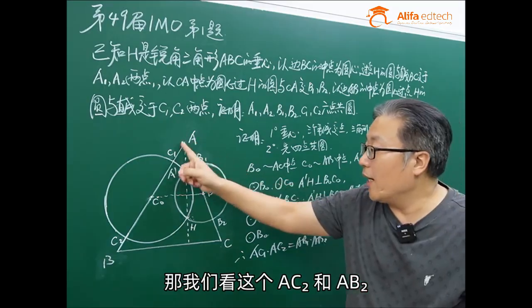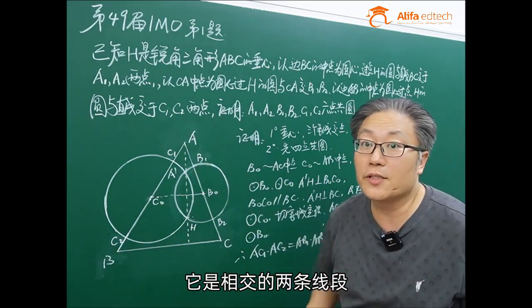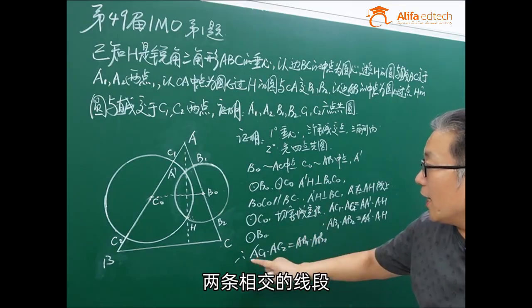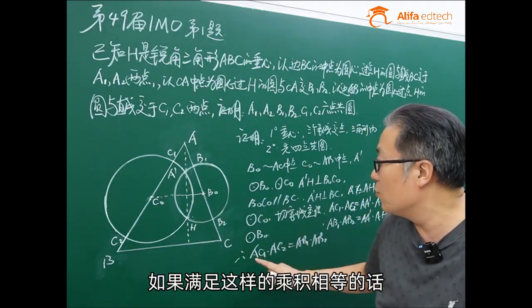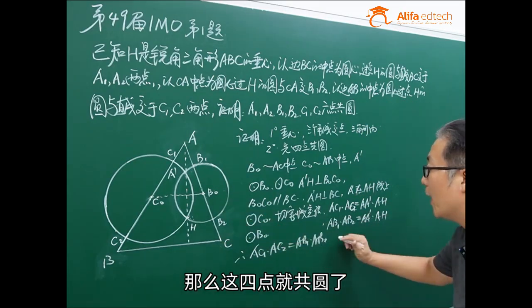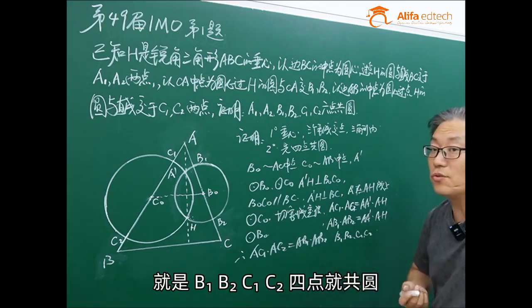Then we see that AC2 and AB2 are 2 intersecting line segments, and by the converse of the secant theorem, if the 2 intersecting line segments satisfy such an equal product, then these 4 points, B1, B2, C1, C2, are concyclic.